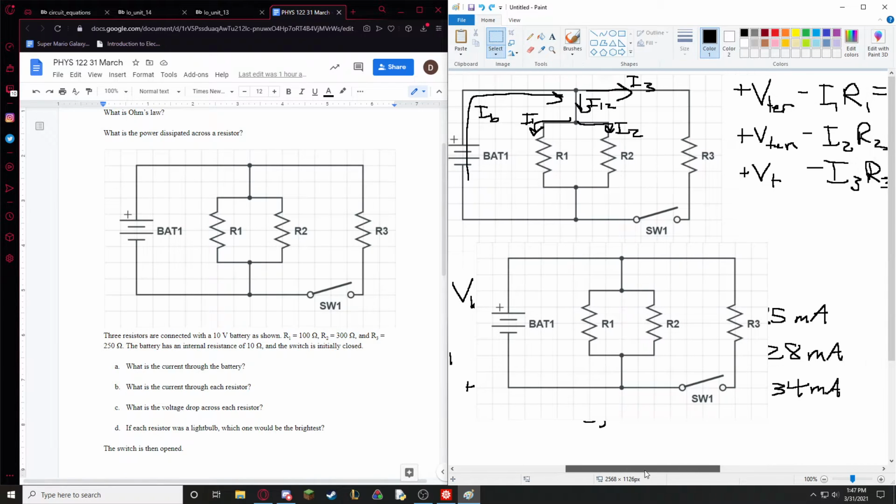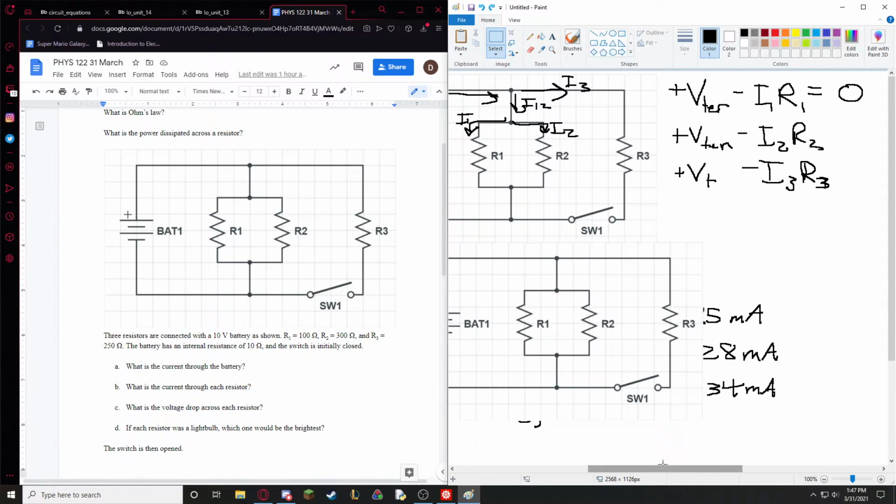And how did you come to that conclusion? I think R1 and R2 combined would need a stronger voltage to accommodate them versus just R3.